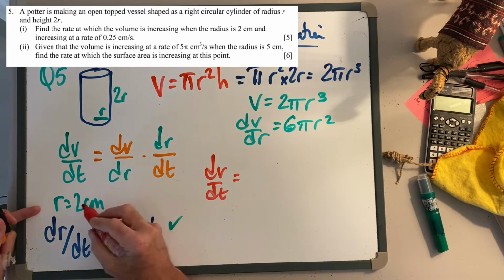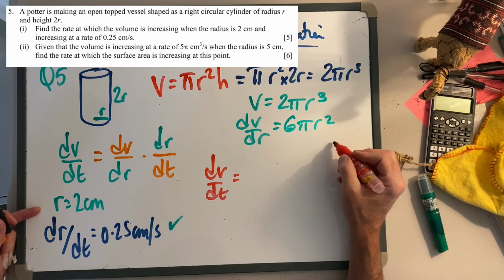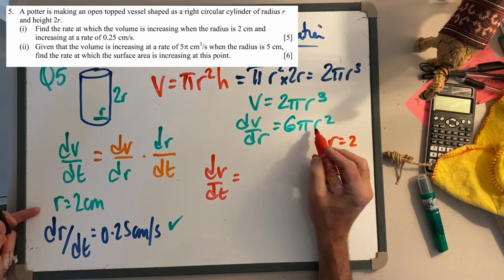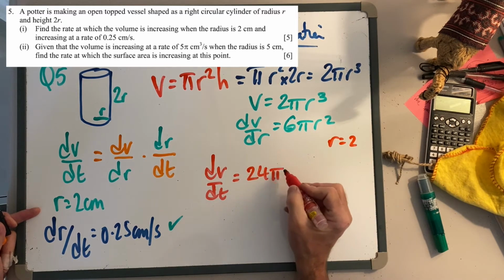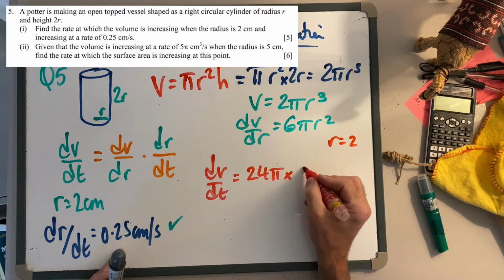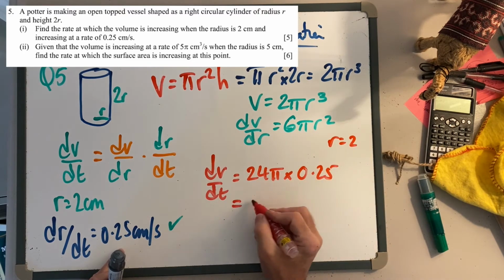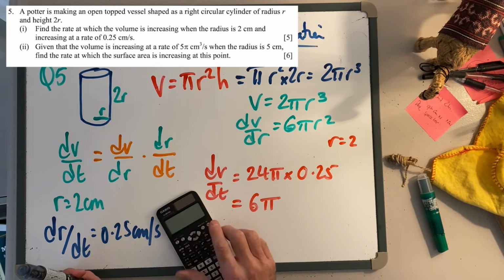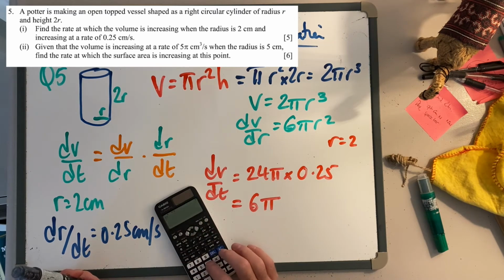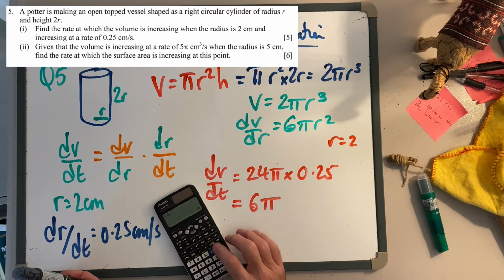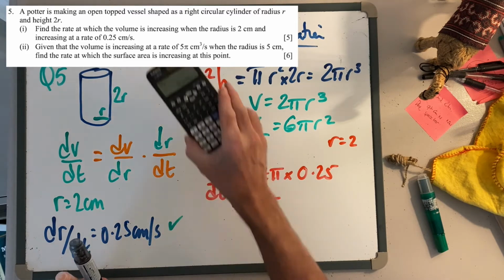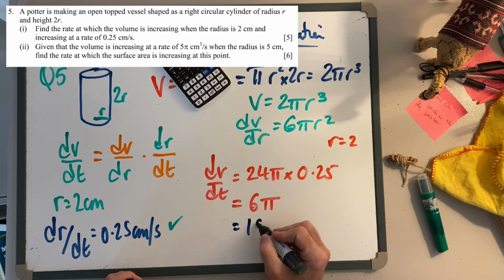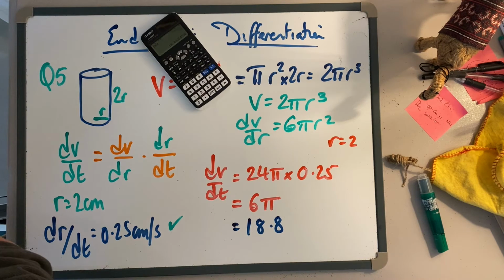When r is 2, r squared is 4, so that's 24 pi times a quarter, which drops back down to 6 pi. So there's my rate. If I wanted to do it using 3 significant figures, I'd do 6 times pi, 18.8. So my answer would be 18.8. Hopefully you know how to do that now.